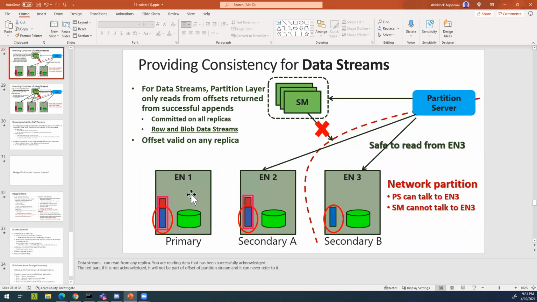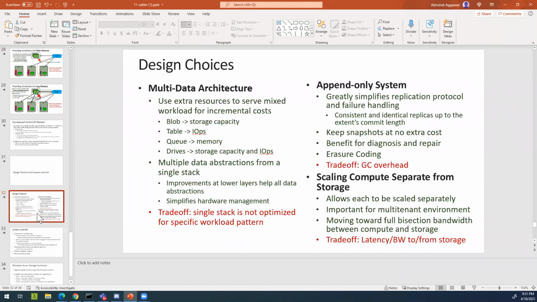Like we saw in this scenario, it created these streams of data, but the partition server was not storing them. So they have to be garbage collected after some time because they are not serving any data. That is what they have to do over here.